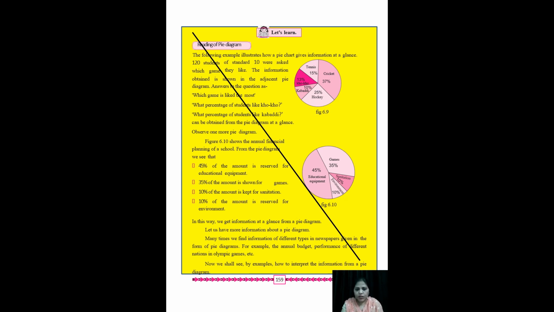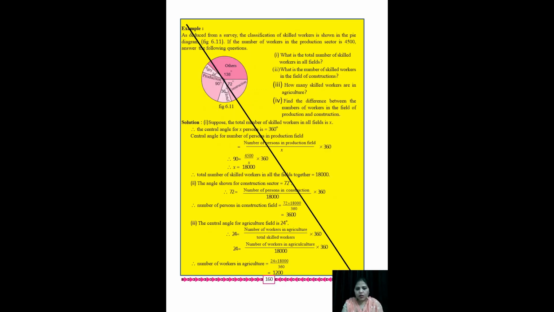On page number 159, the whole page has been cancelled. 160, cancel this too, and 161, this part. It was the remaining calculation of page number 160, so cancel this part too.